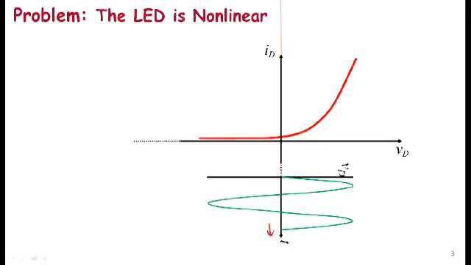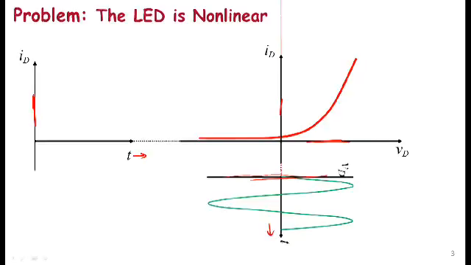And so VD is plotted such that the VD axis here is parallel to the VD axis of the transfer curve. And then, as before, I'm going to plot the ID curve with time going to the right, and my ID axis parallel with the ID axis of the transfer curve.